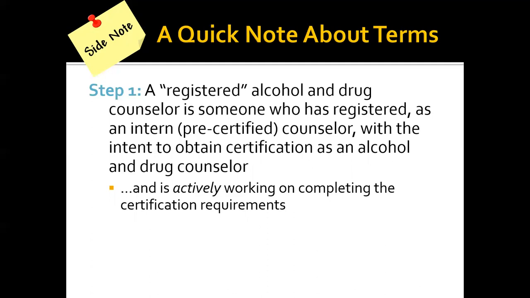So if you are an intern counselor, that means that you are not certified yet. A registered counselor is somebody who registered with one of the credentialing agencies as an intern with the intent to obtain certification as an alcohol and drug counselor, meaning that when you register, you need to be enrolled in a program or in the process of attaining certification.